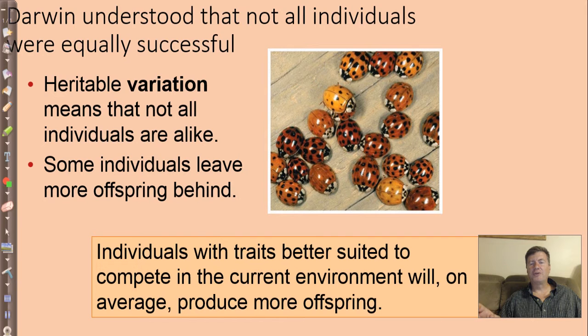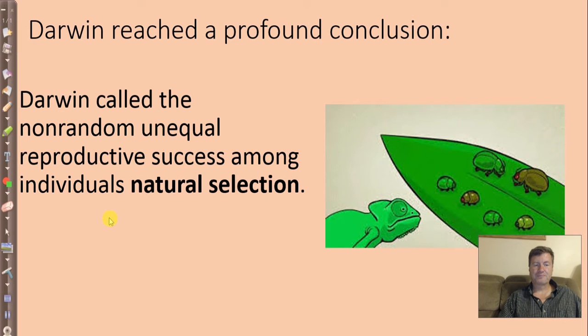Think about that one more time. Individuals that have the better traits compete better, get resources better, can leave more offspring, and if that's the case, over time, that population is going to have more of the offspring looking like them than of the individuals that have poor traits for that environment.